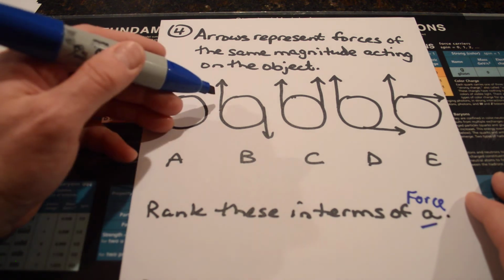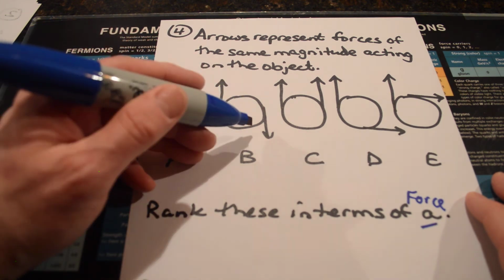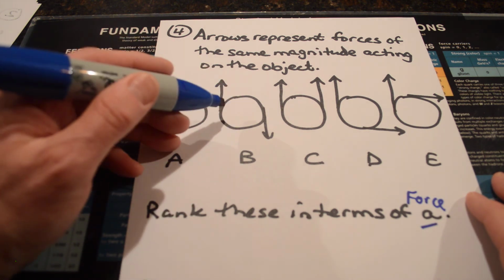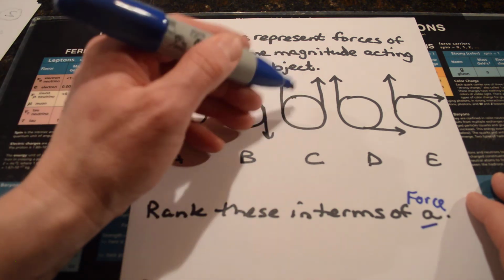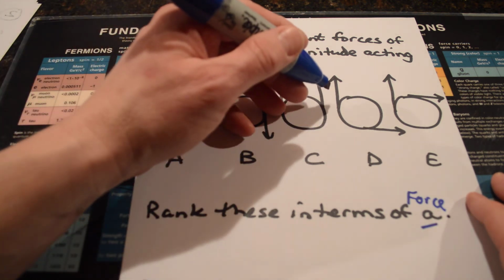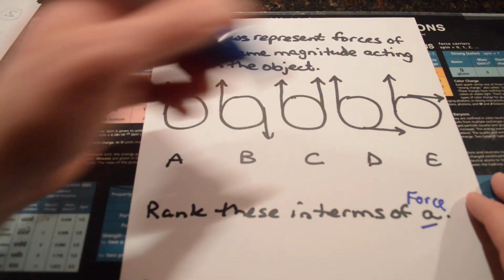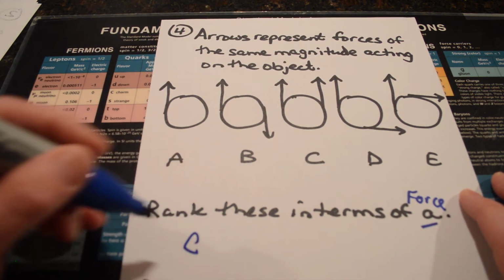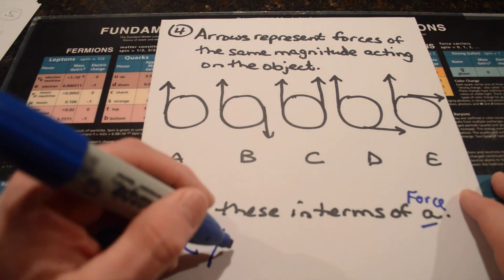This has one force. These two have forces in different directions. But don't they cancel? So if you rank them, I think that's going to be one of the least. These two are both in the same direction, up. So I think that's going to be the greatest. And then D has part one way, part the other. So if I'm going to rank it, I think I'm going to say C is the greatest force, therefore giving the greatest acceleration.